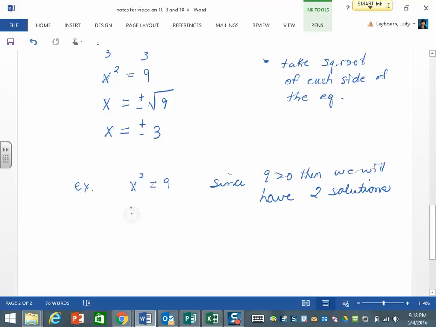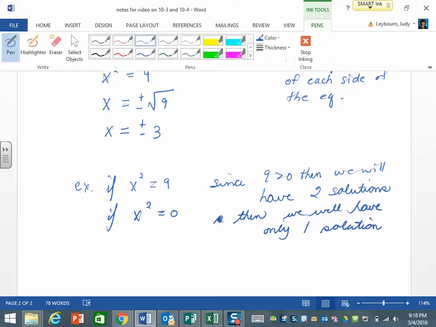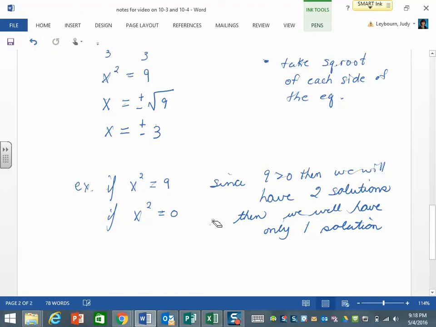If we have x squared equal to 0, then we will have only one solution. Okay, I'm going to get my eraser real quick and take that out.